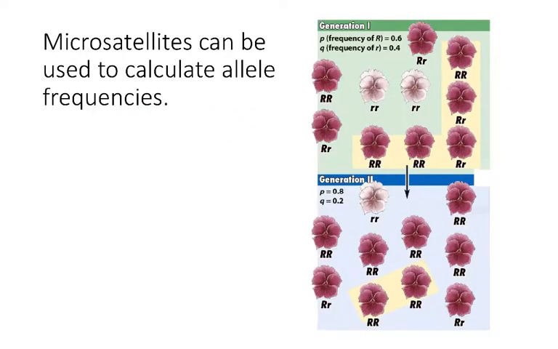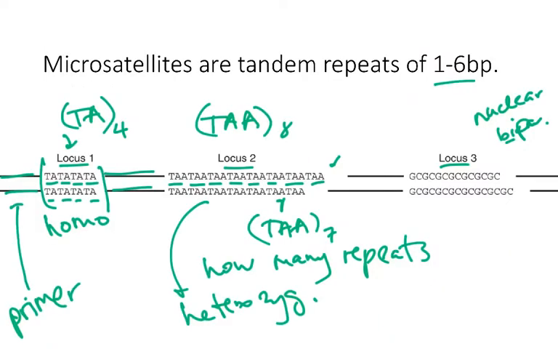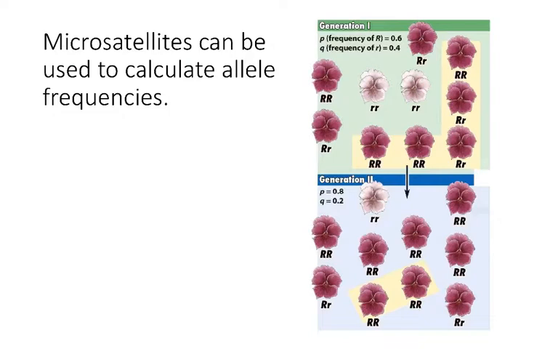Microsatellites can be used to calculate allele frequencies. Like we just showed on the last slide, we see both of these different alleles. And unlike some of the older markers that again we skipped, microsatellites can be used to calculate allele frequencies, which is going to be really useful when we talk about some applications later on.